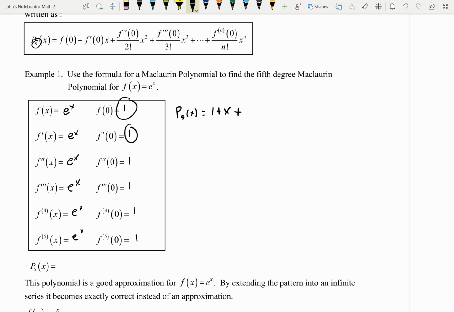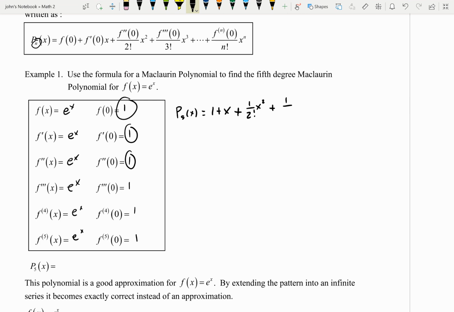Plus, and I do the f double prime of 0, which is still 1, over 2 factorial times x squared, plus, again, the third derivative is also 1.